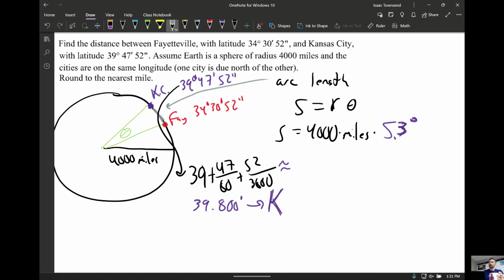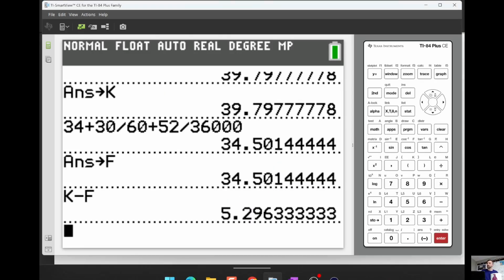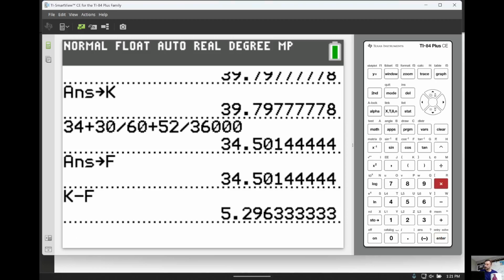But remember, this formula, as straightforward as it is, only works if theta is in radians. So I really need to convert that angle into radians. So times pi over 180.